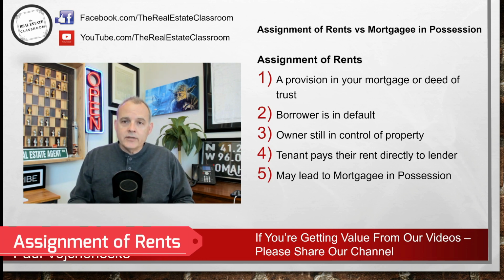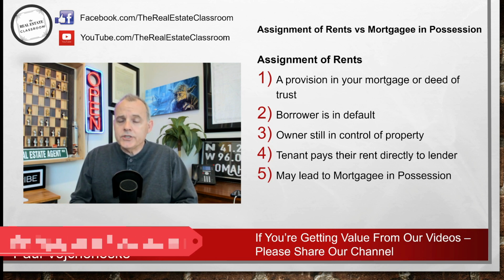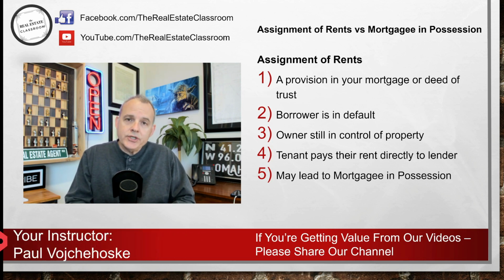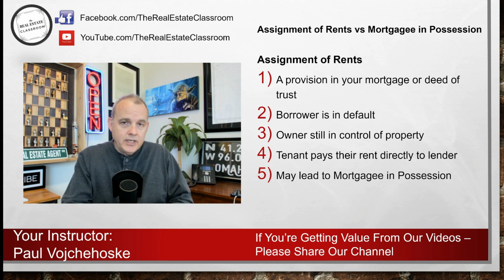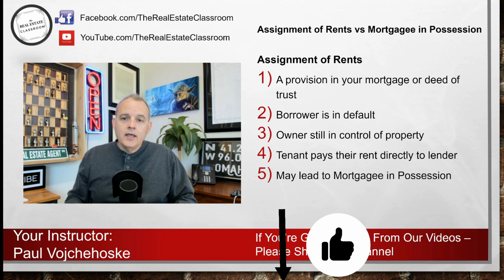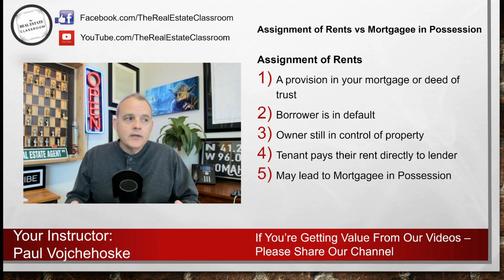So assignment of rents, which I've talked about in a previous video, versus mortgagee in possession. Assignment of rents is a provision that's either in a mortgage that's being used as collateral or in a deed of trust. It always revolves around the borrower who is in default of their monthly payments. The owner is still in control, but they're not making their payments.